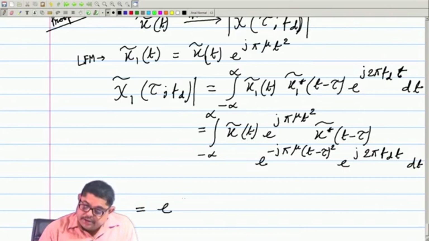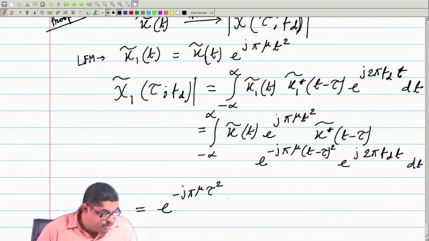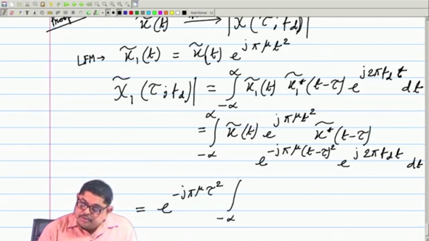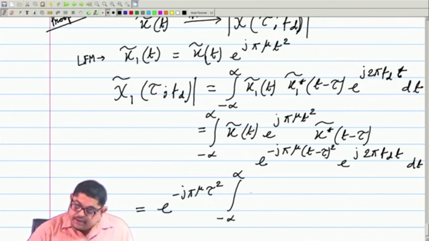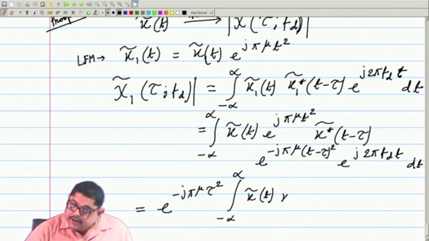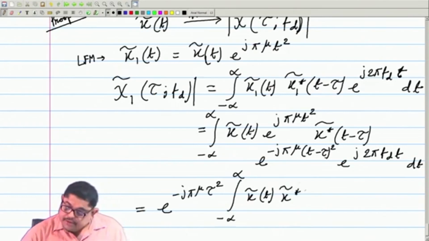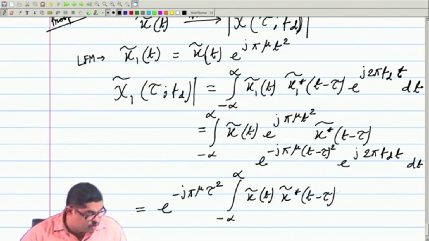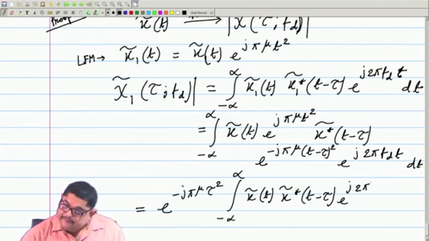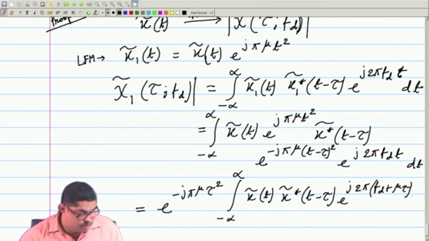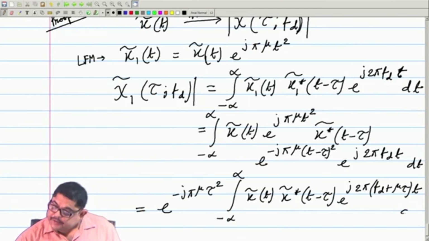So, you can take e to the power minus j pi mu tau square, this term tau square you can take it out because that is not a function of t, and this will be x(t), then x star (t minus tau) e to the power j 2 pi (f d plus mu tau) t dt.